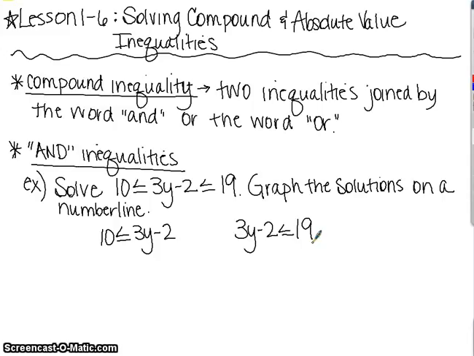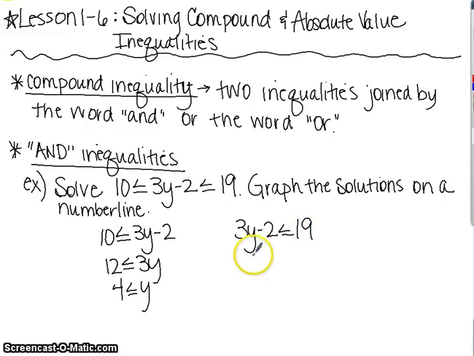Now I'm going to solve these just as if they were equations. I'm going to start by adding 2 over here. So I get 12 less than or equal to 3y. And then when I divide by 3, I get 4 less than or equal to y. I did not divide by a negative, therefore I do not have to flip that sign. But remember, that rule does apply.